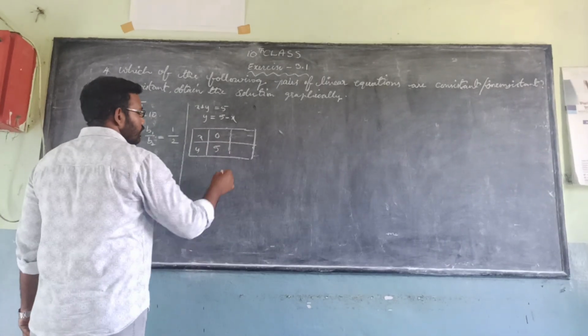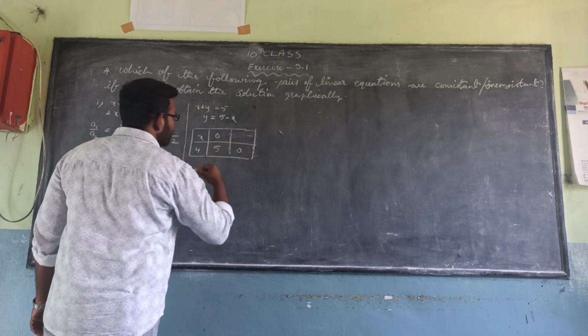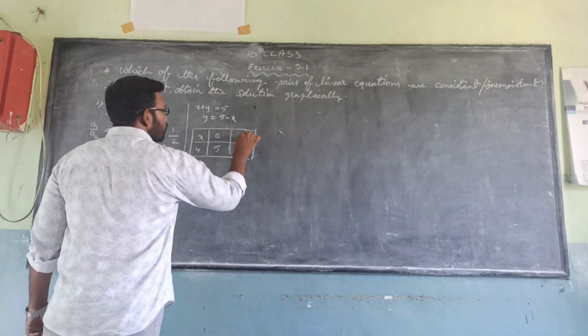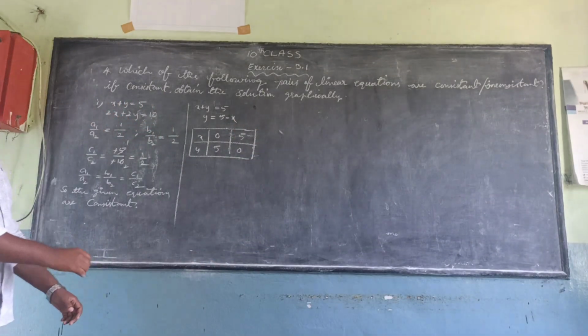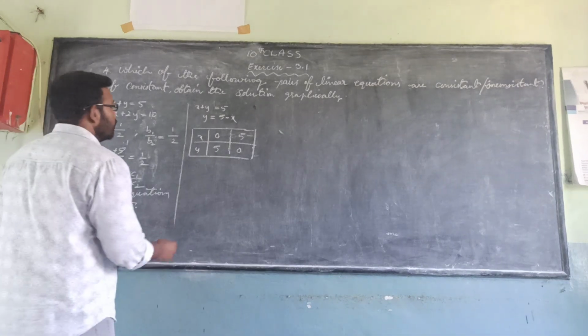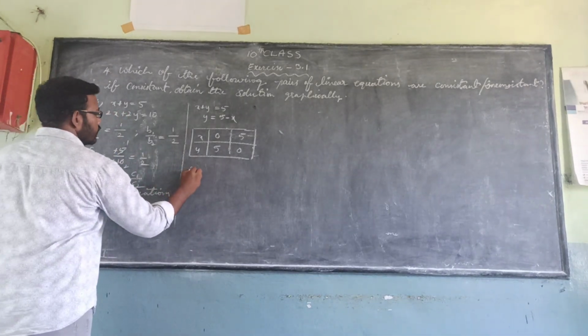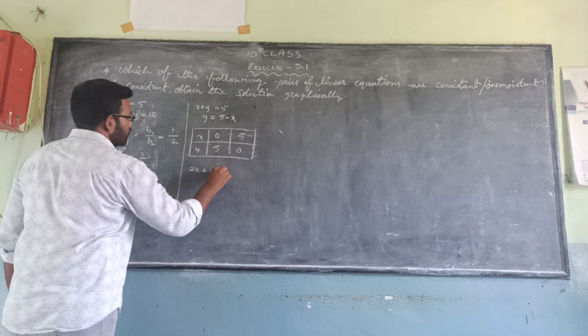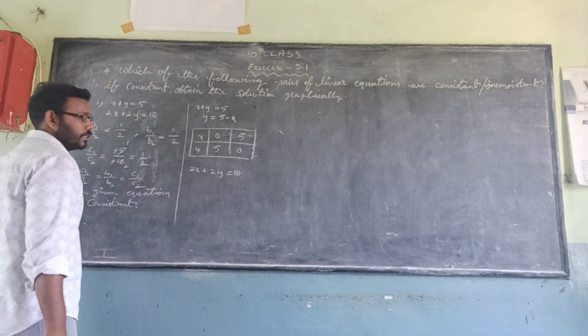If you take y is equal to 0, then x is equal to 5. This is the table form. Next, equation 2: 2x plus 2y is equal to 10.